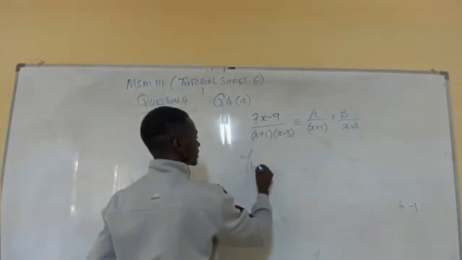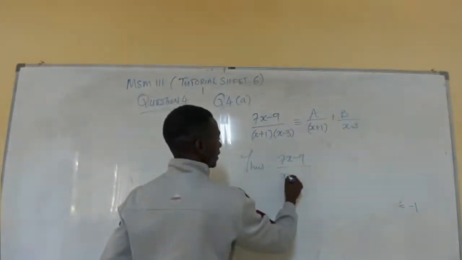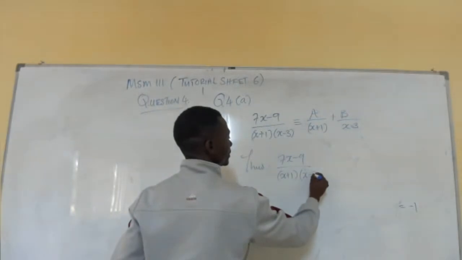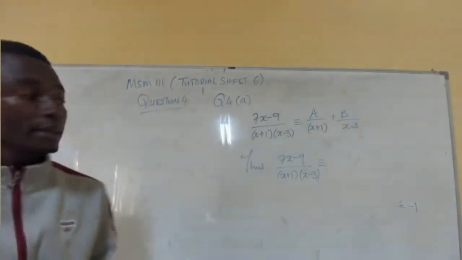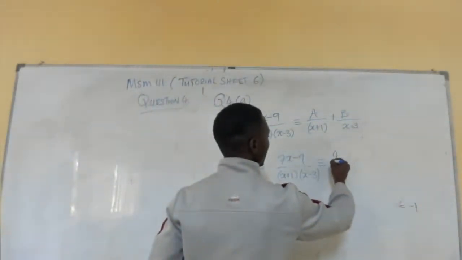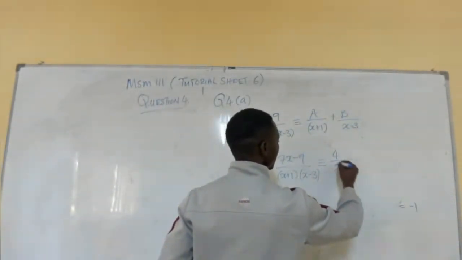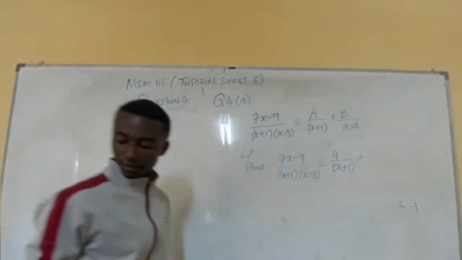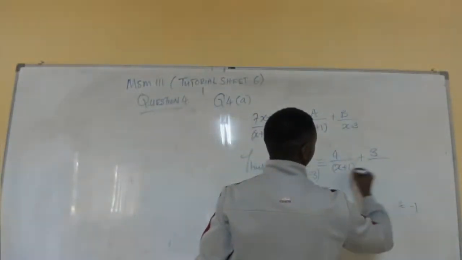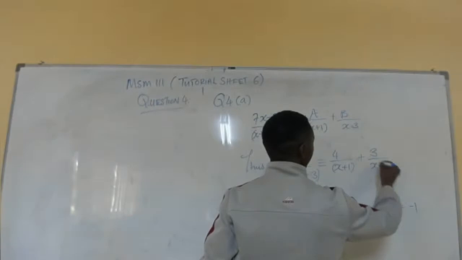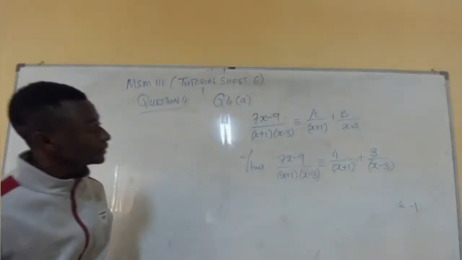So now you can say 7x minus 9 over x plus 1, x minus 3 is equivalent to, what is the value of a? The value of a is 4. You substitute now. 4 over x plus 1 plus, what is the value of b? The value of b is 3. Then you say over x minus 3.